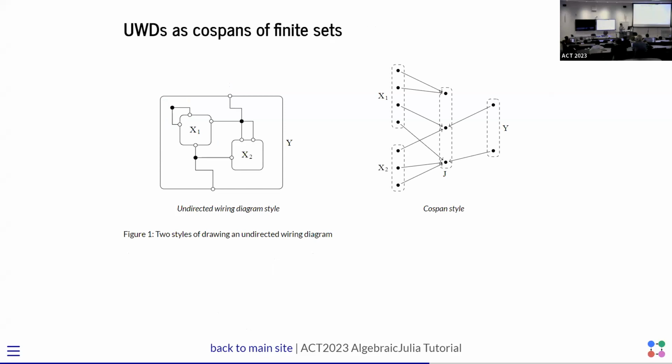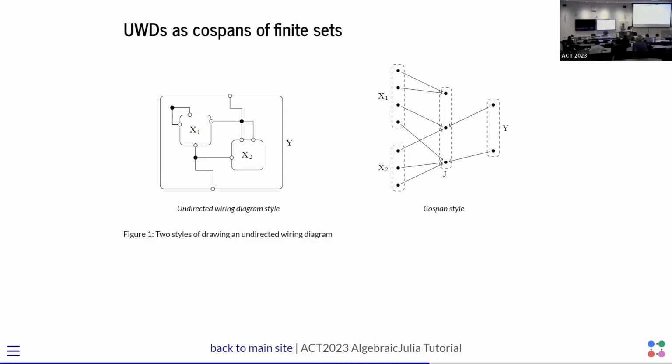we've just seen the intuitive way to look at UWDs. But mathematically, it's nice to think of them as cospans of finite sets, where the left set in the cospan is partitioned up into several different subsets.